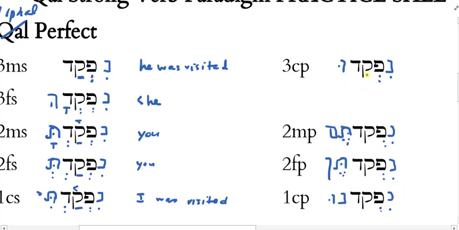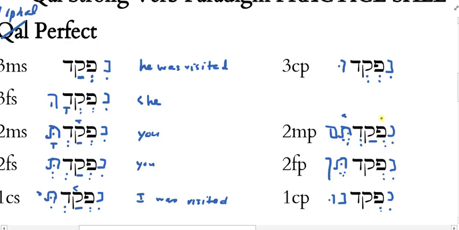Okay? And then I should get a patach here. Nifkad-u, but the shureq steals the dalet and kof becomes open and pretonic, and it will reduce to a vocal shva. Nifkedu. They were visited. Here, I get nifkadtem. I don't have to change anything. I've got 3 closed syllables. The accent does go to the heavy ending at the back.